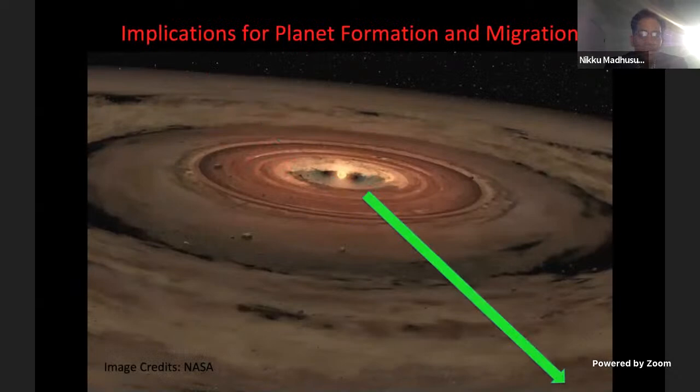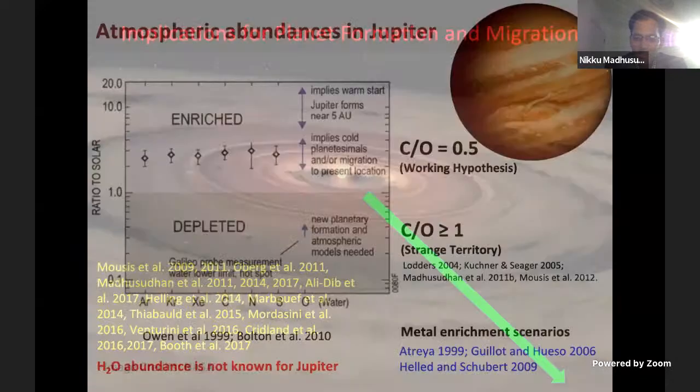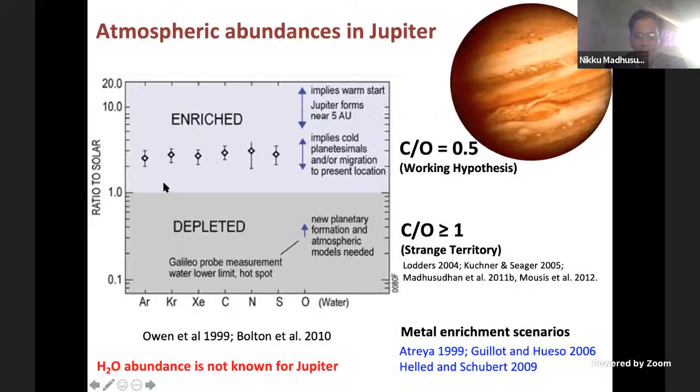So when we're making these abundance estimates, a number of studies in recent years, I've listed a lot of them here, are trying to reverse engineer the formation origins of these planets based on their abundance estimates. The reason for this is that for Jupiter, we see a number of elements are enhanced relative to solar.